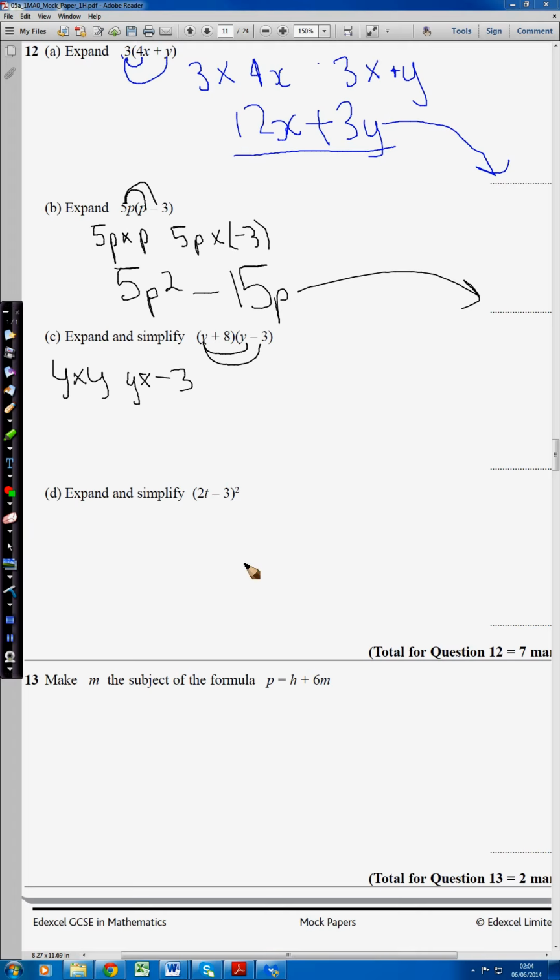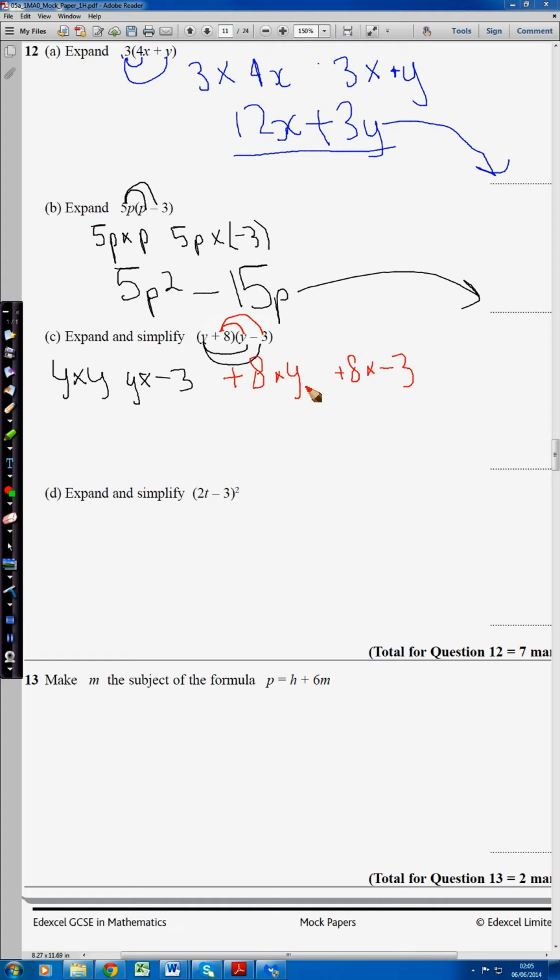And then we've done the y's, and then we'll start the plus 8 and multiply that by the y, and the plus 8 times the minus 3. So you have plus 8 times the y, you have plus 8 multiplied by the minus 3.